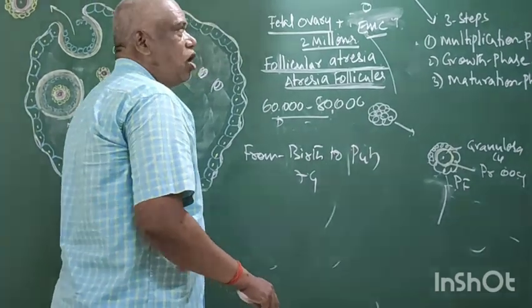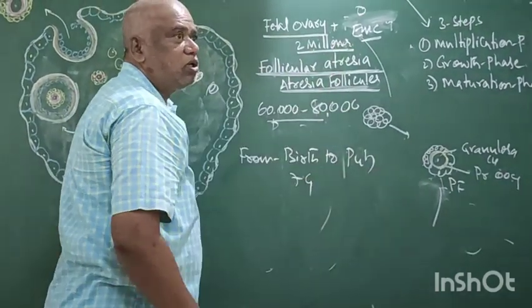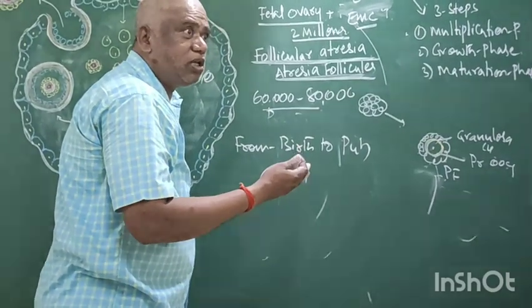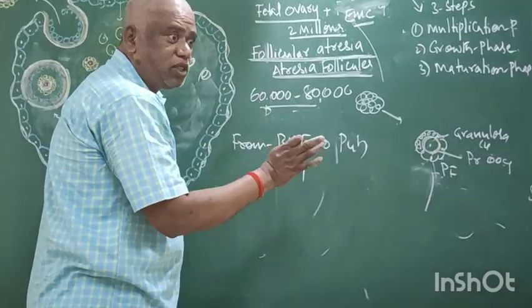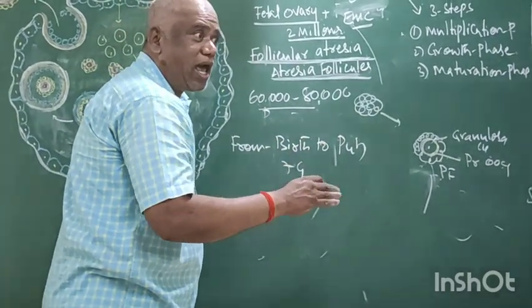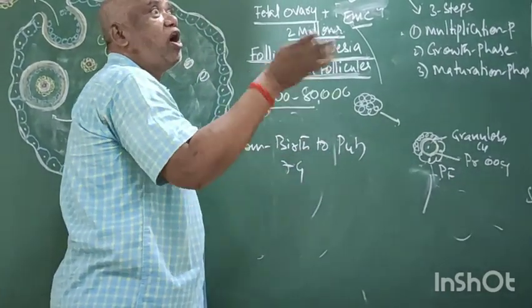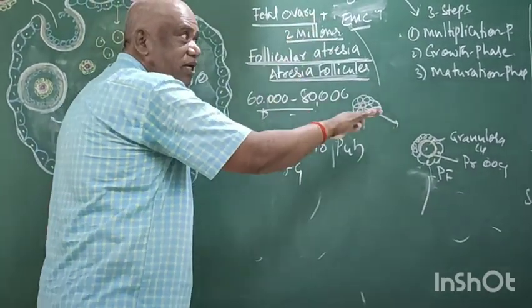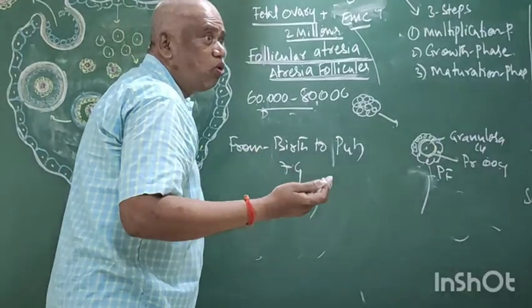Now, what are these 2 millions? Oogenesis. These 2 millions are found in the fetus. After birth, there is no more addition or formation of oogonia. That number of 2 millions may decrease. There are no new oogonia.